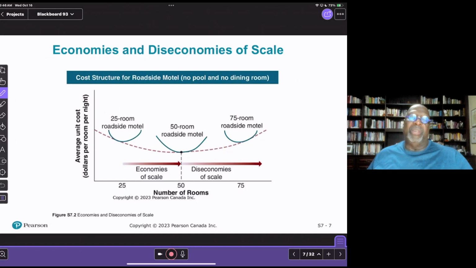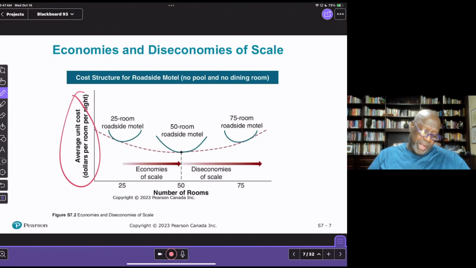There's this notion of economies of scale versus diseconomies of scale. Economies of scale, what we mean by that is at a certain point it becomes cost efficient to grow, and beyond that it's no longer cost efficient. So you could see here, this example that's shown to us is about the average cost of a room per night in a hotel.